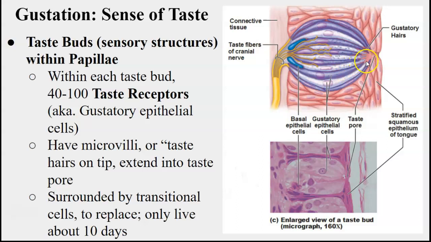And on the ends of these cells are what are called microvilli, or taste hairs, and they extend into the taste pore. So the little bit of saliva containing your food particles goes into the taste pore, interacting with the little microvilli at the tips of these taste receptor cells. The microvilli are going to help increase the surface area too, and they're going to be lined with receptor proteins.